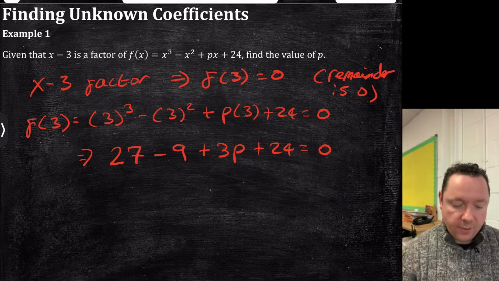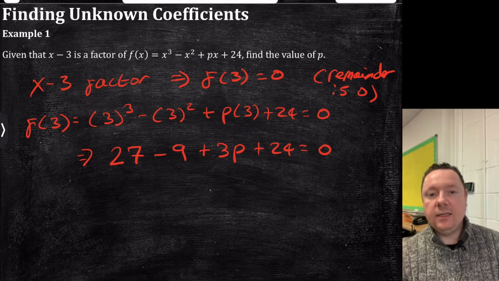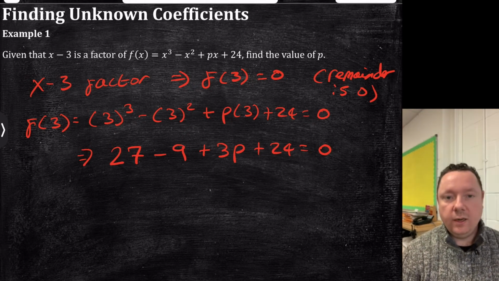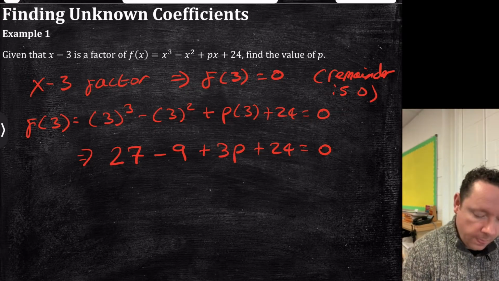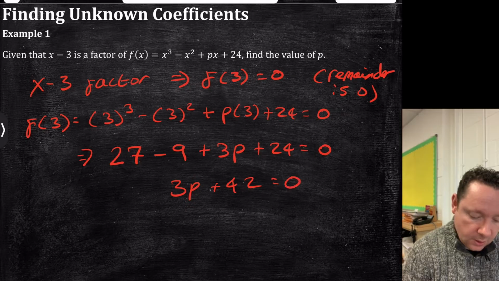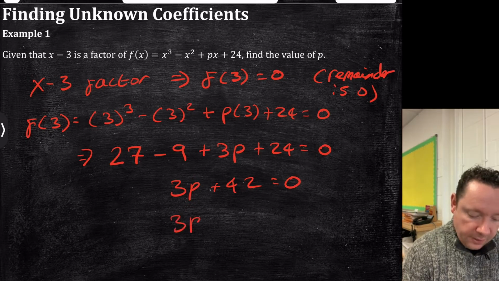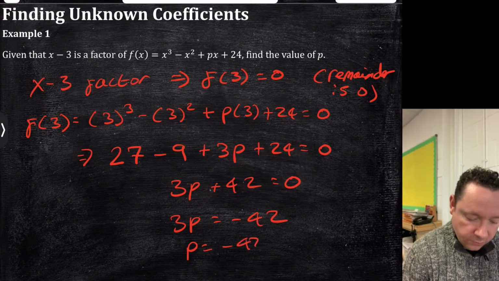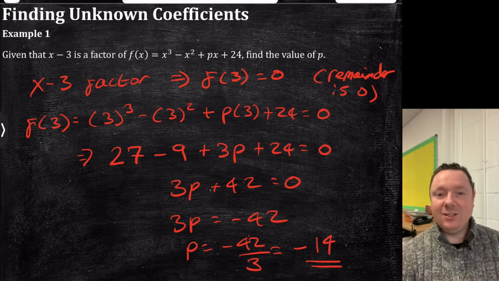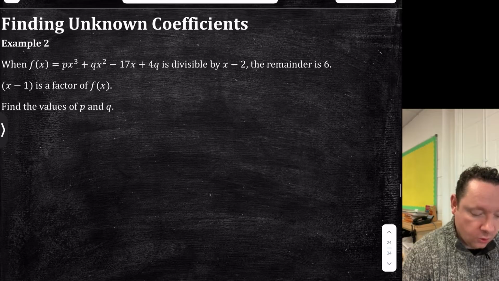So 27 minus 9 is 18. 18 and 24 is 42. So we get 3p plus 42 equals 0. And therefore 3p equals minus 42. So p is minus 42 over 3, which we can simplify: 3 into 4 goes 1, 3 4s is 12, so minus 14. And we're done there.